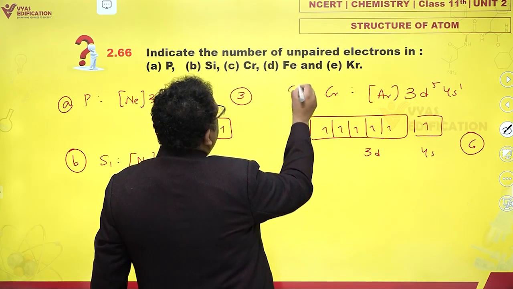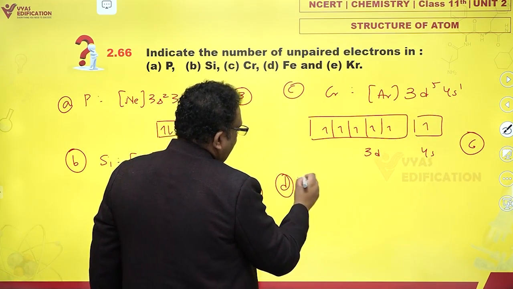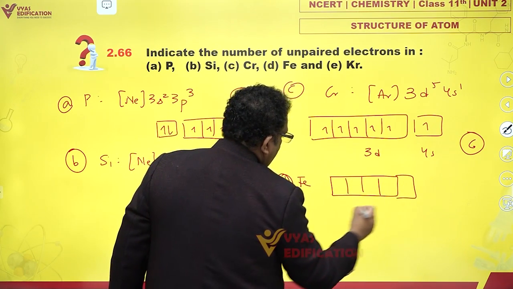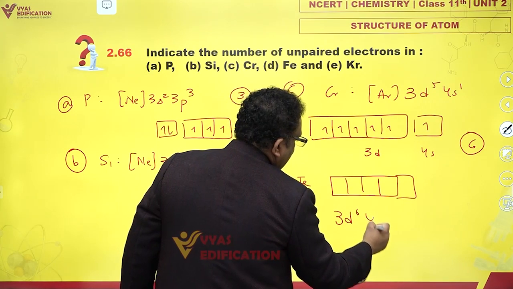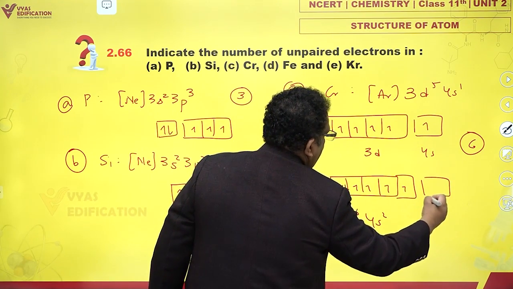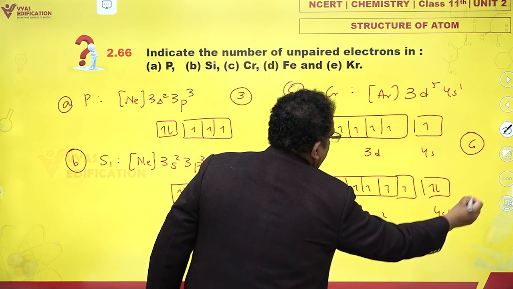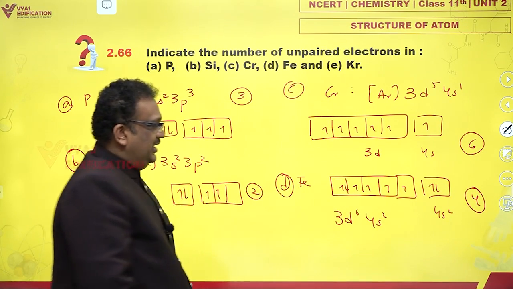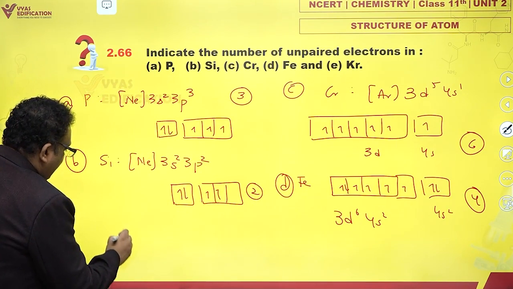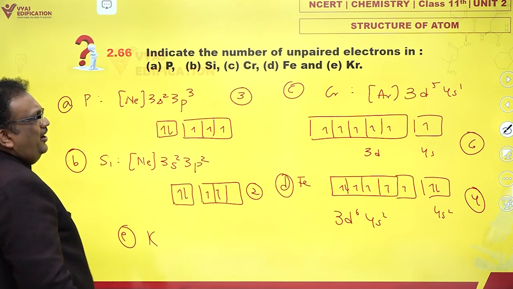What about iron? This is C part. Then D part we have iron. Iron is 3d6, 4s2, 1, 2, 3, 4, 5, 6. It has 4 unpaired electrons, as you can see. You can count these single electrons, or unpaired electrons. And E, krypton, noble gases are fully filled.